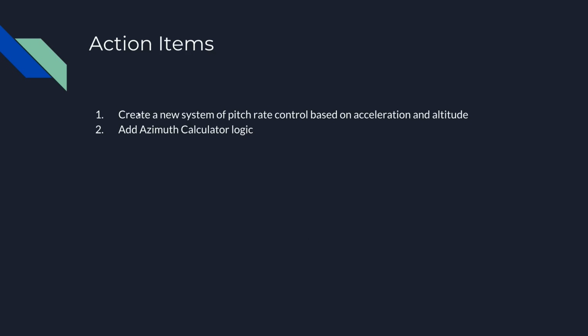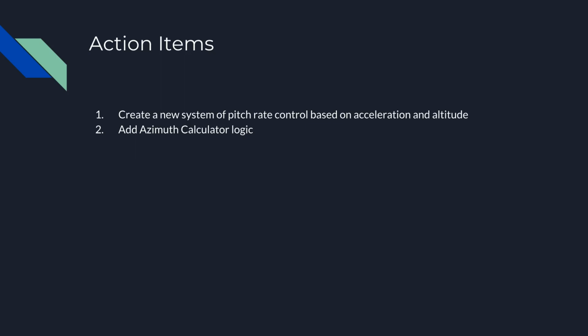Anyway, the next thing that we're going to be doing is creating my most current and I think probably final ascent script. One of my most proud scripts that I've written. To me, I think it's really, really cool. It uses a system to control the pitch rate. So based on the vertical acceleration and the altitude, it will spit out a rate of pitch so that we will eventually finish off pitched over at 90 degrees at a certain altitude.